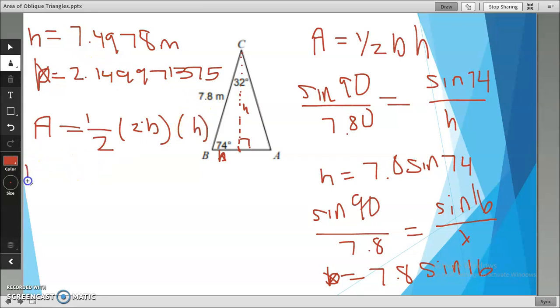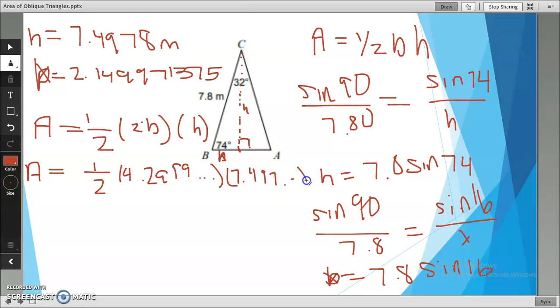Okay. So that gives me area is equal to 1/2, and if I multiply x by 2, I get 4.2999, and so on and so forth. And my height is 7.497.